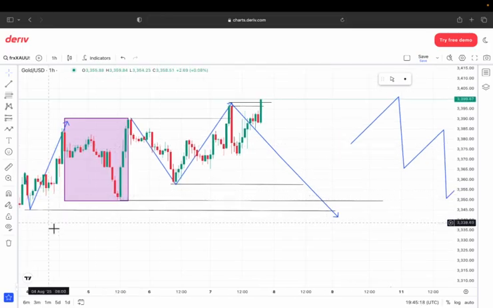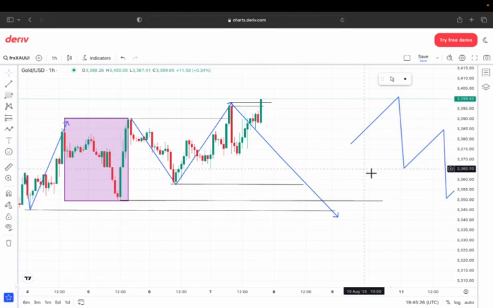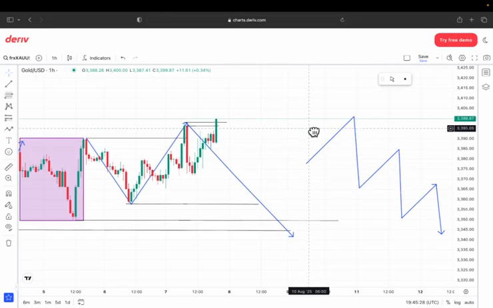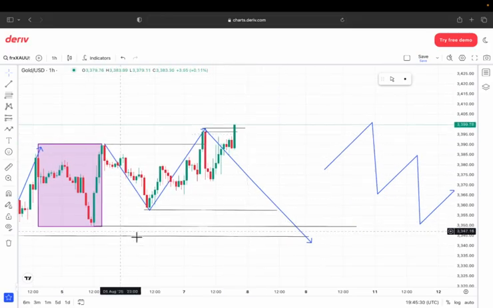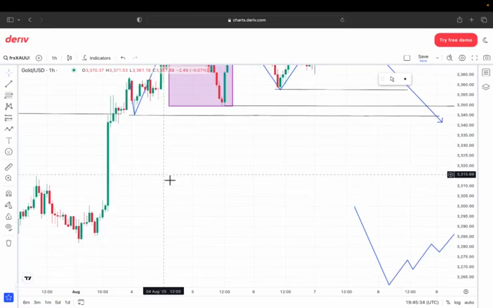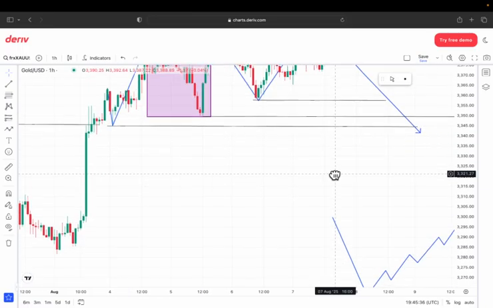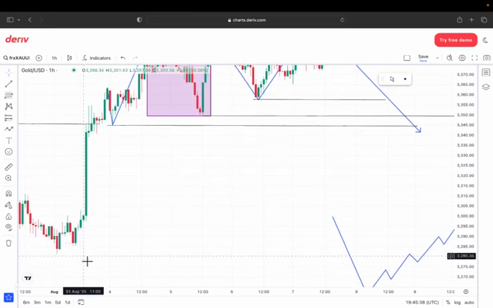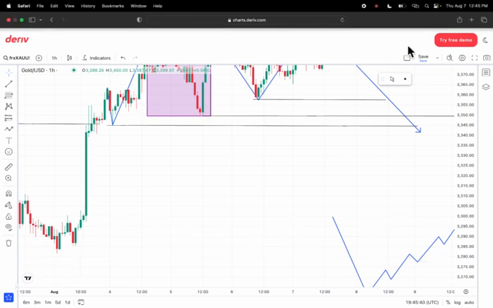Two valid lows, because we did not count this, but this was a broken structure. So two valid makes one structure. Even if the next one again is invalid, it's still invalid till we get the next valid one. So until that next valid one, the second one is taken out, the two is invalid.